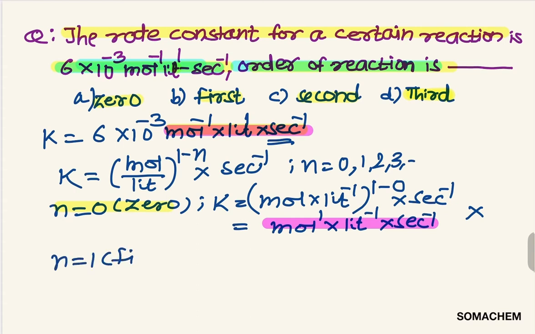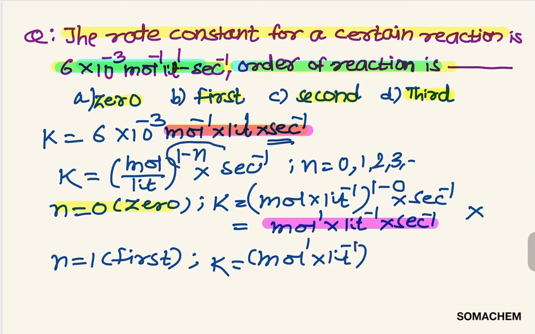Now I will go for n is equal to 1. This is for a first order reaction. So K equal to mole to the power 1 liter to the power minus 1. Now here 1 minus n, here n is equal to 1, that is 1 minus 1 will be 0, into second inverse.